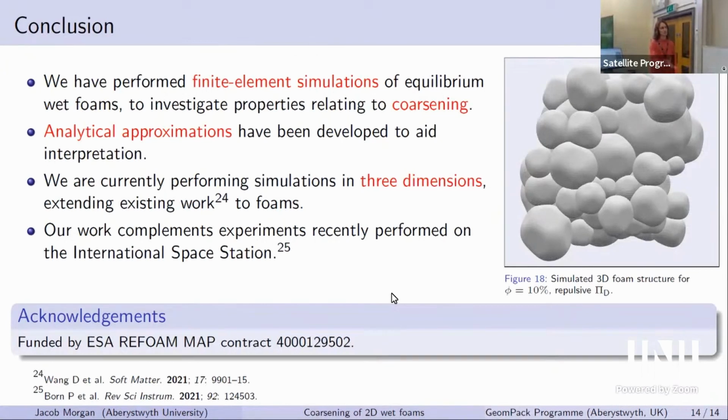But the same techniques can be applied, and we hope to generalize the analytical approximations to that, in particular the film areas. And just to relate that back to the previous talk, the intention is that some of these results should hopefully help to interpret the recent experiments done on the space station. So I thank you very much for your attention, and I welcome any questions.